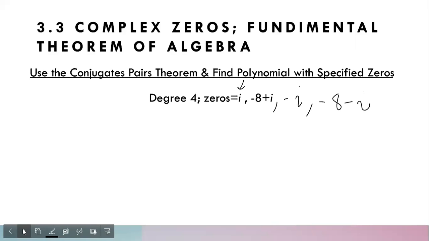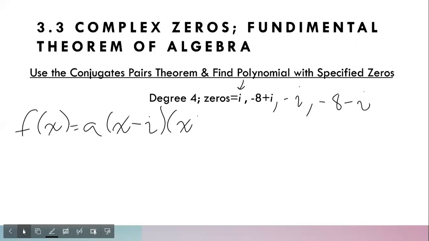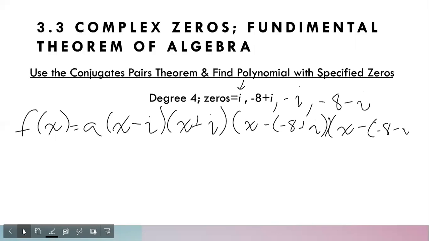Then, to find the polynomial, you'll do f of x equals a times x minus i times x plus i times x minus 8 plus i times x minus negative 8 minus i.